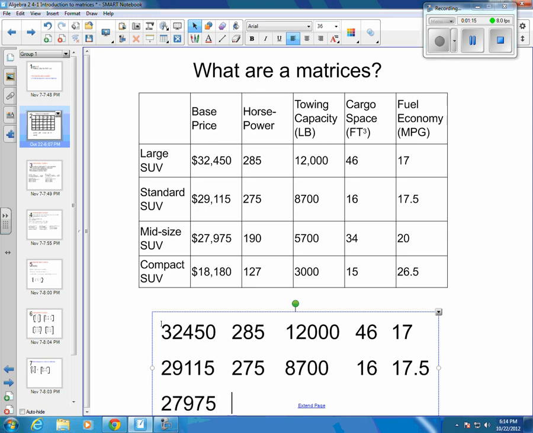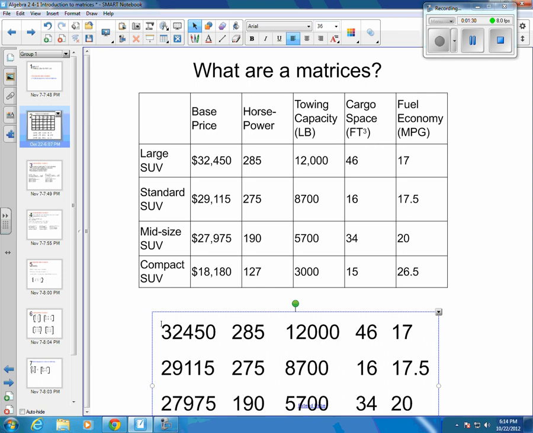Just retyping all the numbers basically. 190, a 5700, 34, and 20. And the last one is 18180, 127.